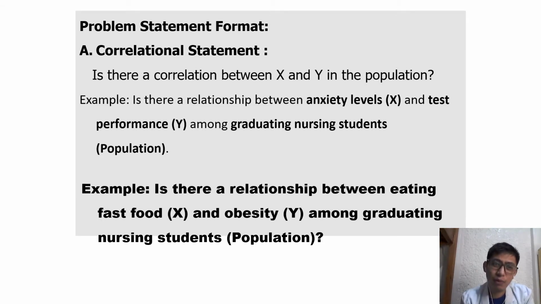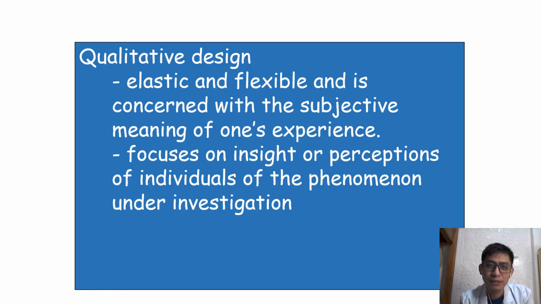Problem statement format: is there a correlation between X and Y in the population? Is there a relationship between anxiety levels and test performance among graduating nursing students? Is there a relationship between eating fast food and obesity among graduating nursing students?